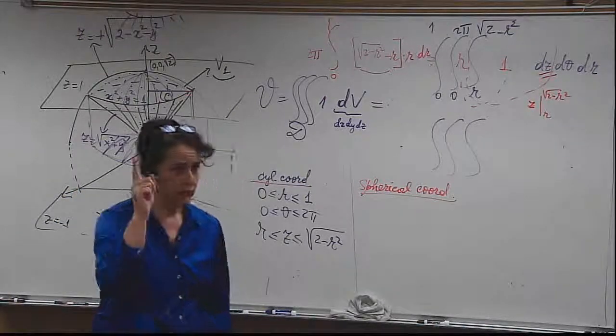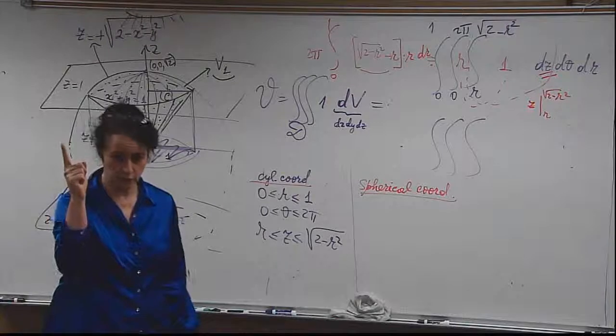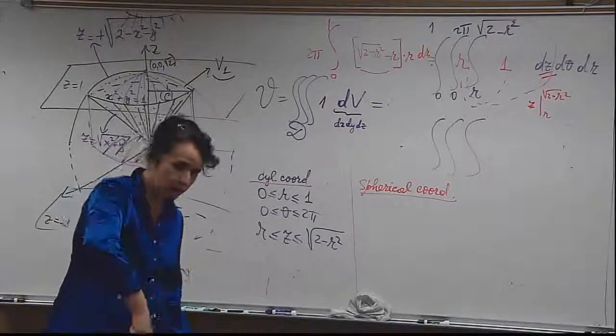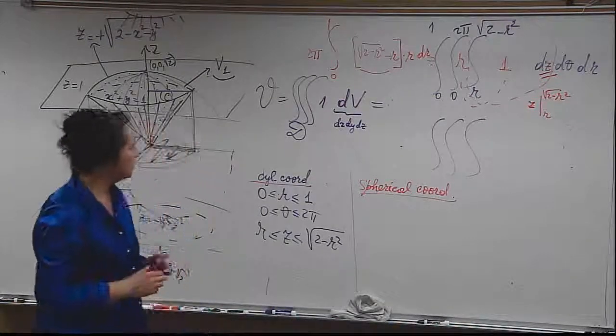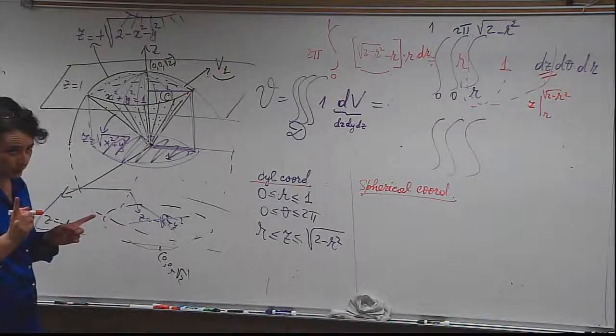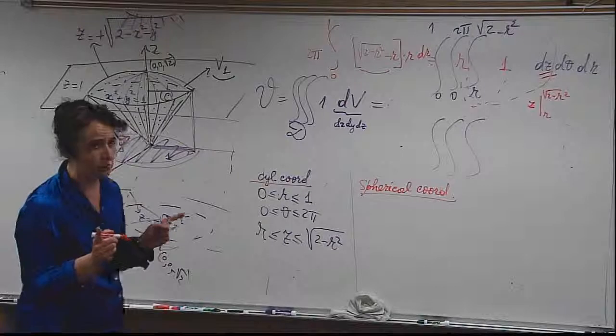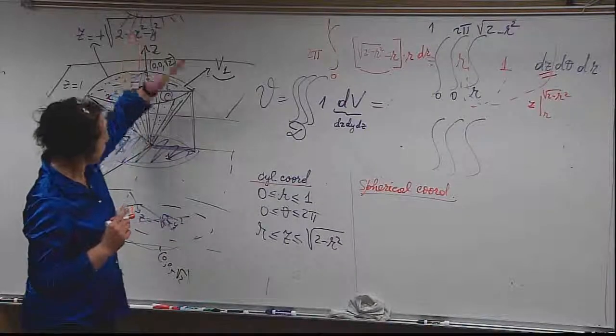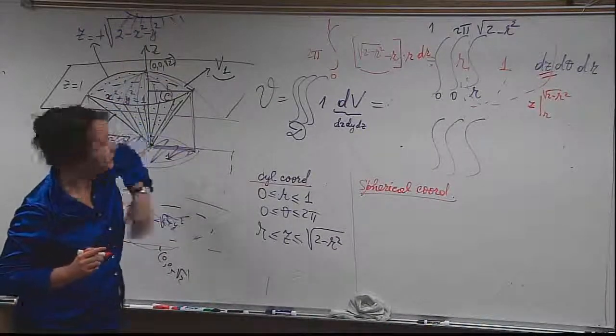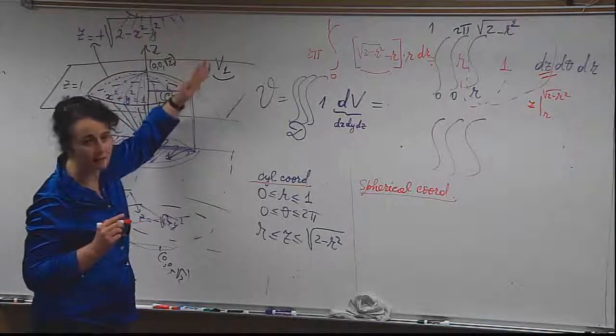Always remember that. So you go all the way from 0 degrees to 180 degrees. In principle, your latitude will go from zero all the way to pi. But it doesn't, because it gets stuck here.